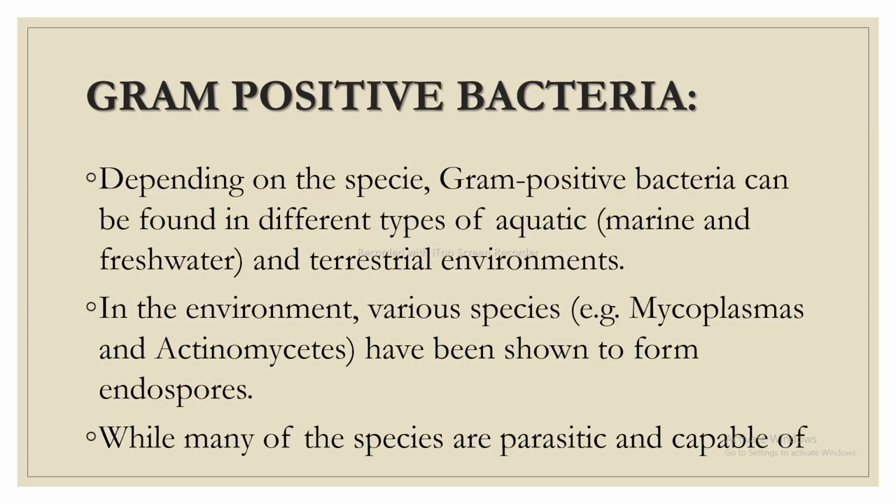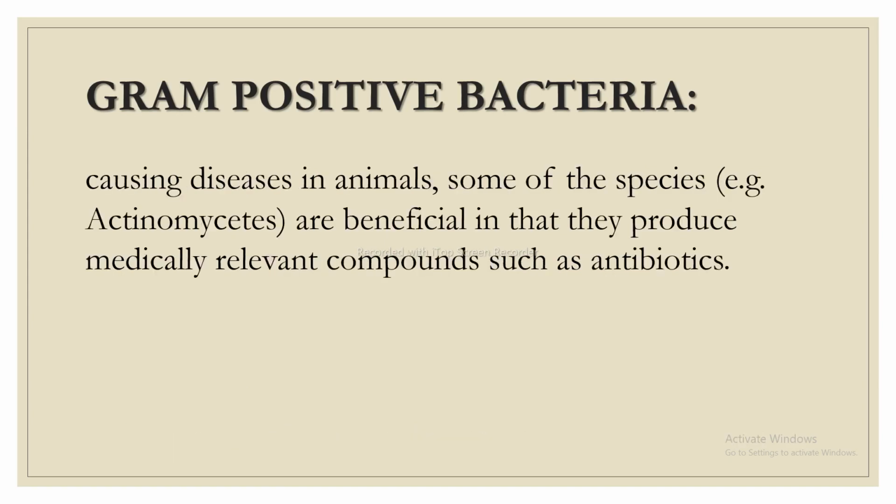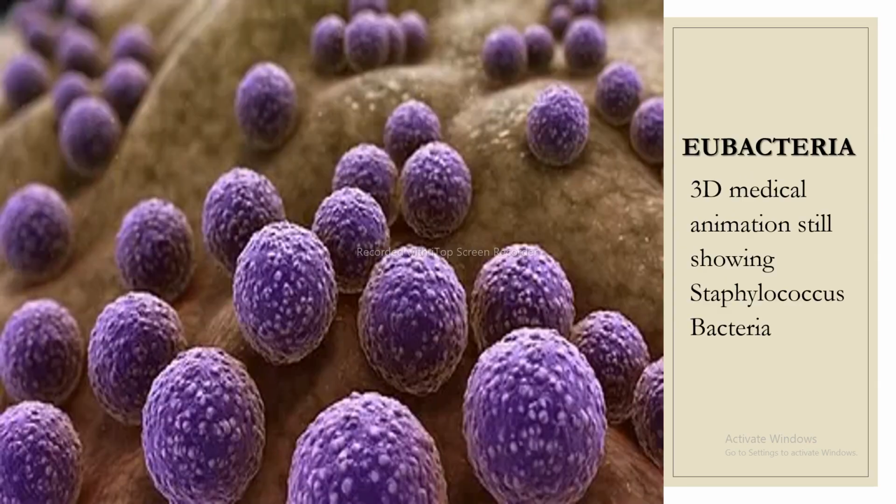In the environment, various species, for example, mycoplasmas and actinomycetes, have been shown to form endospores, while many of the species are parasitic, capable of causing diseases in animals, and some of the species, for example, the actinomycetes, are beneficial in that they produce medically relevant compounds such as antibiotics. So this is a 3D medical animation still showing the Staphylococcus bacteria as shown in the figure.